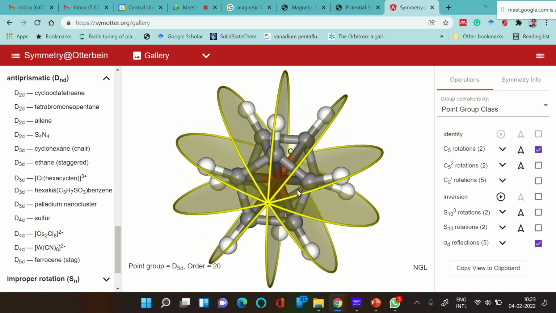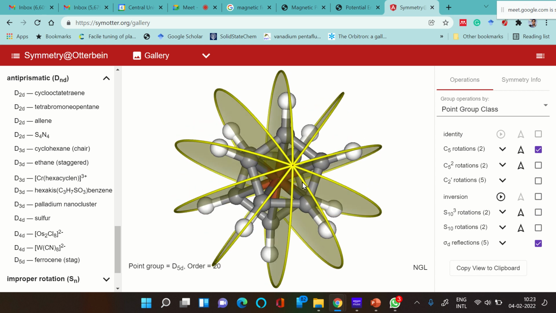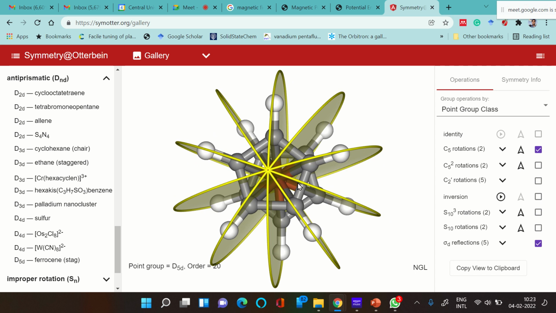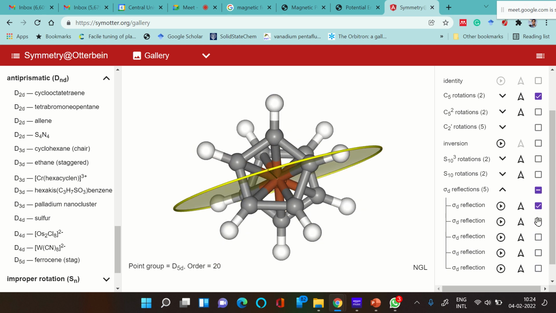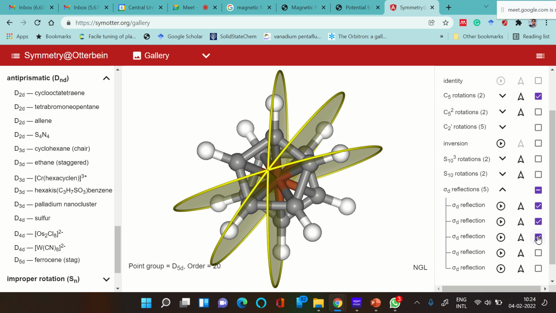So each one of these are dihedral planes. 1, 2, 3, 4, 5. 5 dihedral planes. Dihedral plane is there, but there is no sigma h, there is no sigma v.